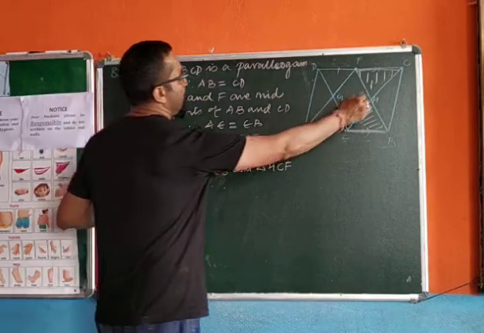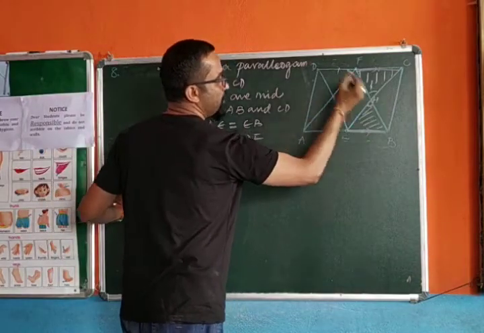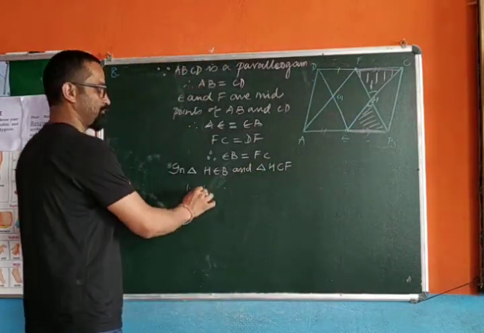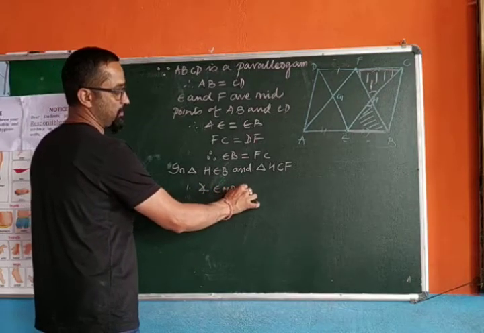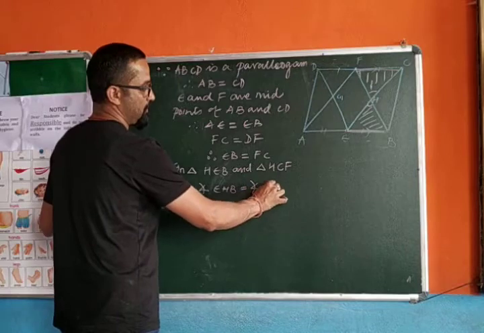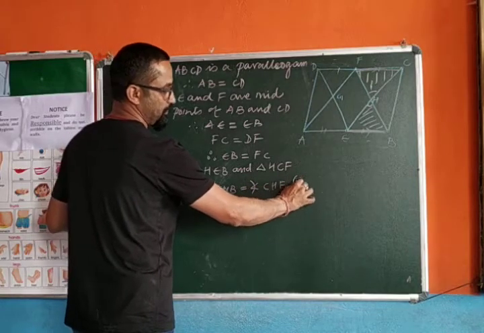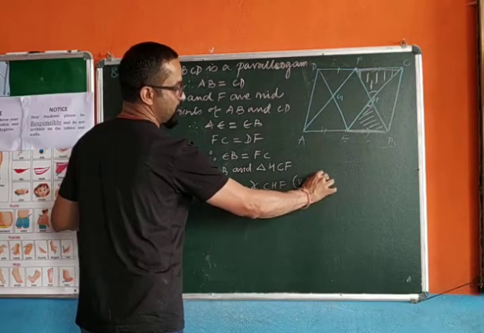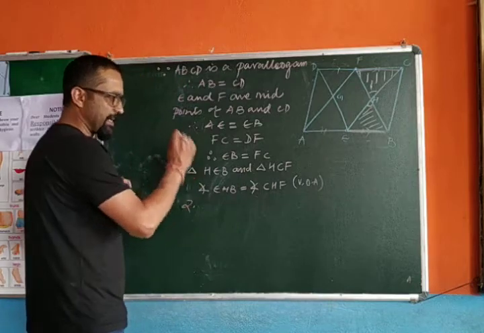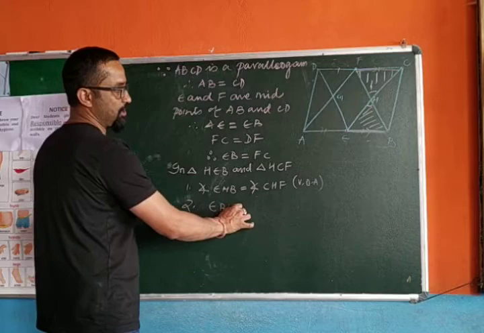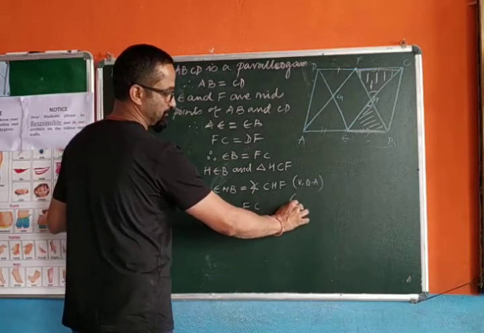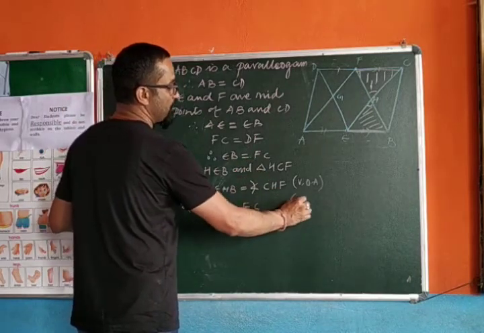First one, vertically opposite angles are equal. Angle EHB is equal to angle CHF, vertically opposite angles. Second one, you can take the side EB is equal to FC. You can write given.